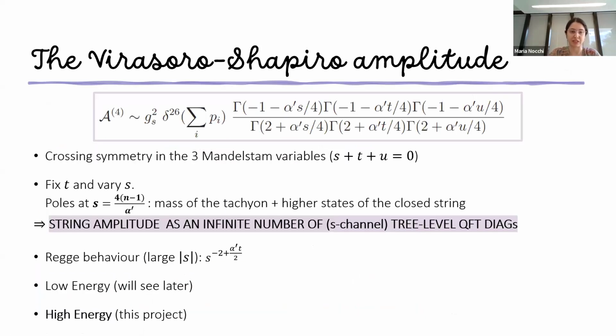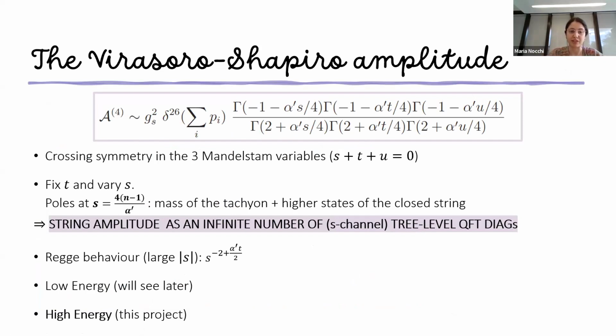I'll just mention the main points. So first of all, this is crossing symmetric in the Mandelstam variables; they sum to 0. And then there is the TS duality that was one of the very first observations of this model. So for example, if you fix T and you let S vary, you can see the analytic structure of the amplitude. And the poles will be at S equal to 4 times (n minus 1) over alpha prime.